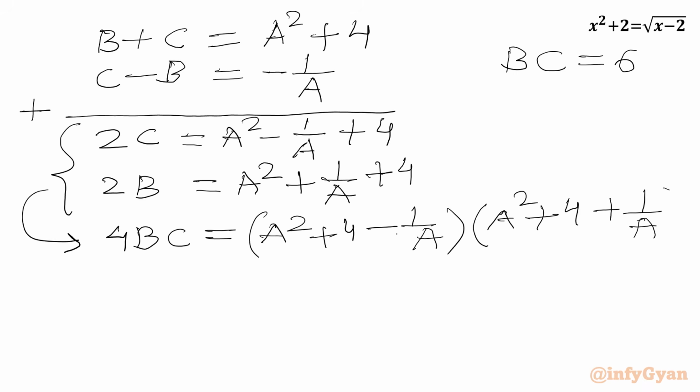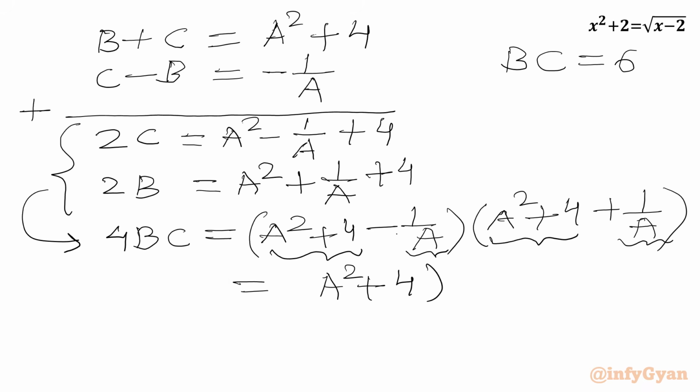Now you can see here we have the a minus b and here we have the a plus b form. So we can use the difference of two squares formula and write (a square plus 4) whole square minus 1 over a square.